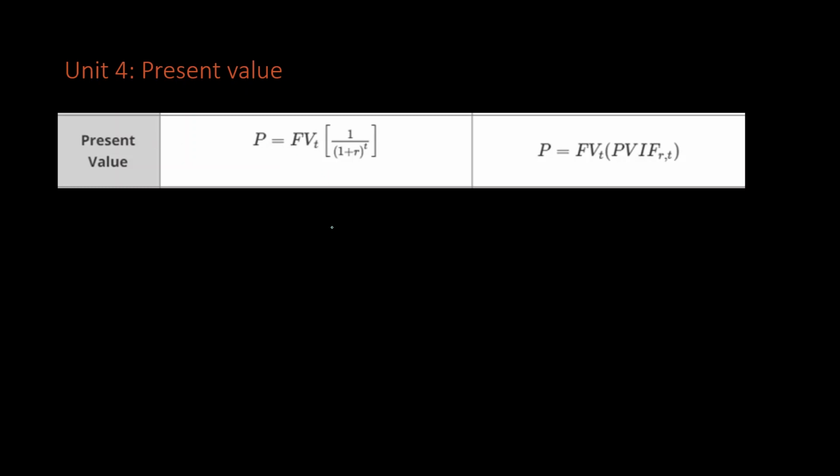Remember that one of the big things about these equations is that not every letter individually represents a different variable. So for example, this FV sub t stands for future value for t years.